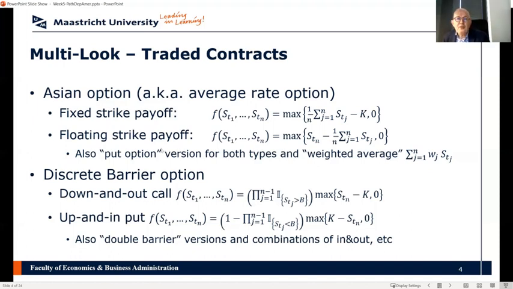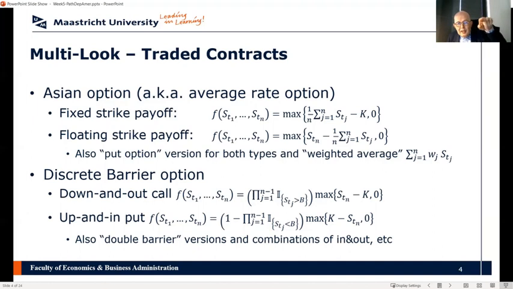A different class of options is our so-called barrier options, or discrete barrier options, where you say, for example, I have a down and out call. I have a barrier level B, which is typically below the strike of the call option. If along the way the stock price dips below that barrier, so it crosses the barrier downwards, then the call option disappears. This is the reason why it's called down and out.